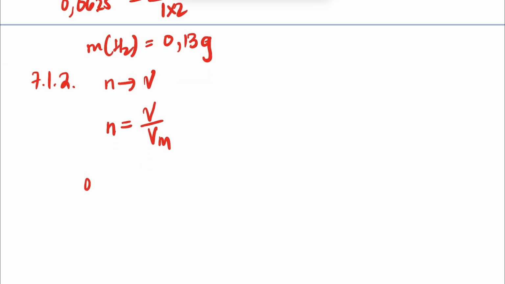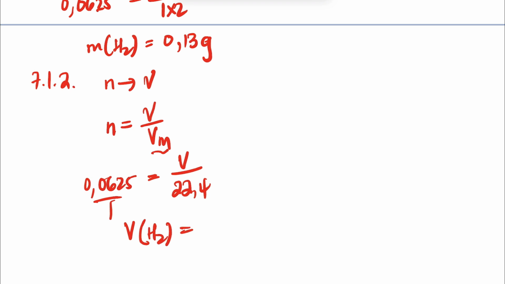So we put the number of moles of hydrogen, 0.0625. V is the volume that we want in dm3, and Vm is the constant. You get it in the data sheet. When you cross multiply, your answer, the volume of hydrogen, is going to be 1.4 dm3, right? So we are done with that question.